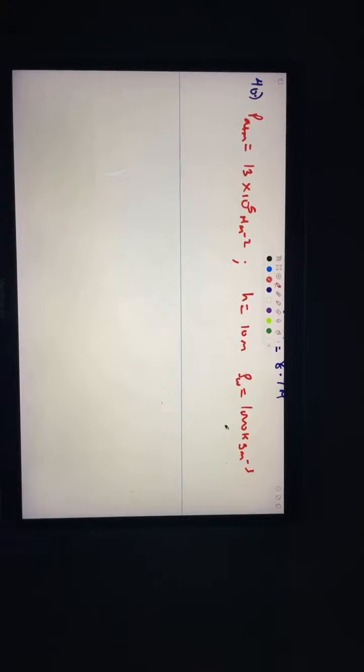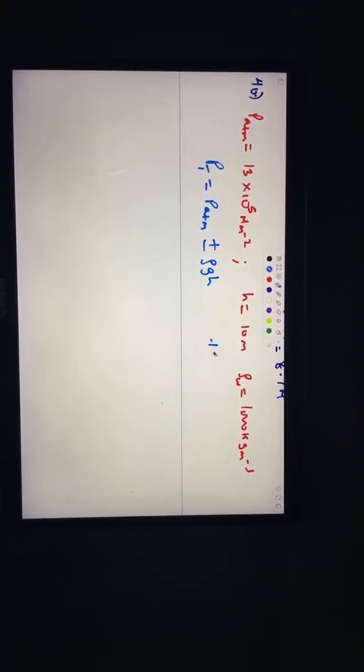So this is a very simple question. Note that total pressure is PATM plus or minus gauge pressure, which is rho g h. Gauge pressure is rho g h. Now, when do we use plus, and when do we use minus?